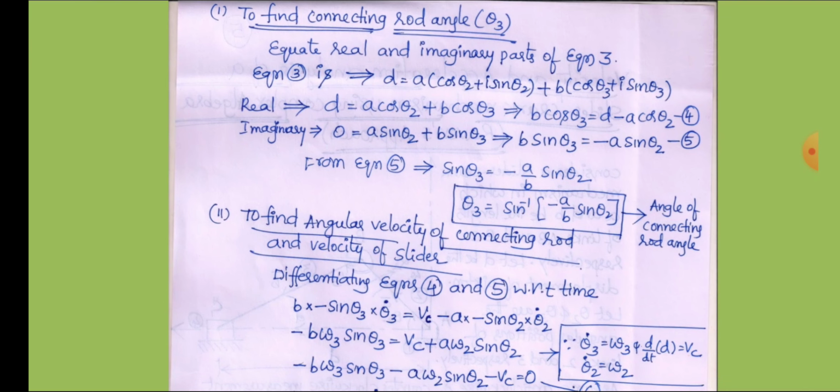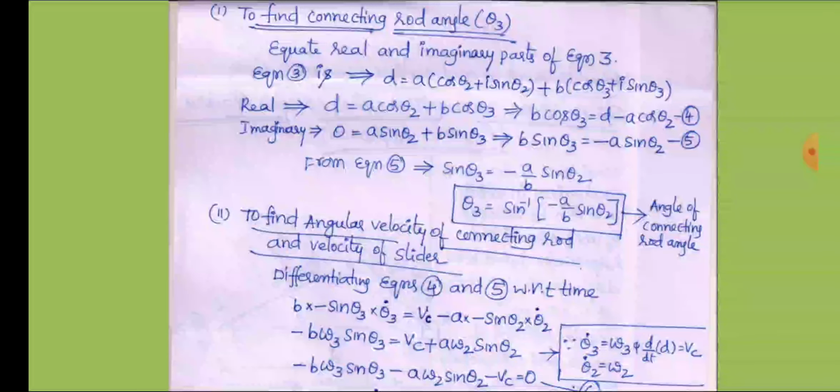Therefore, I should first find out the angle made by the connecting rod. In the figure you can see that is theta 3. So to find theta 3, I will equate the real and imaginary parts of equation 3.